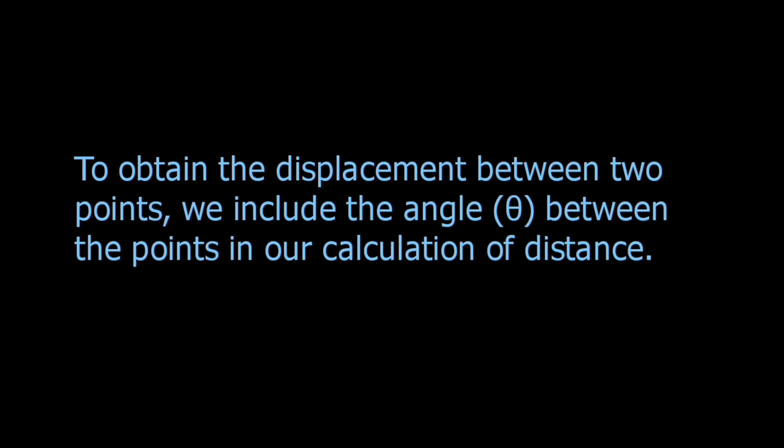To obtain the displacement between 2 points, we include the angular separation between the 2 points in our calculation. That is, after we have finished calculating the distance, we solve for the angular separation and include both the distance as well as the angle in our solution for displacement.